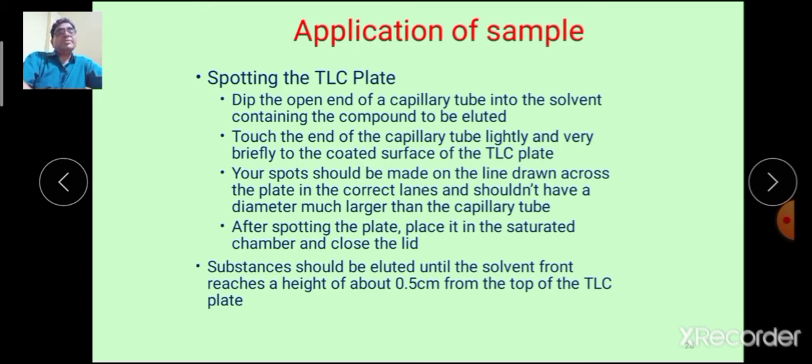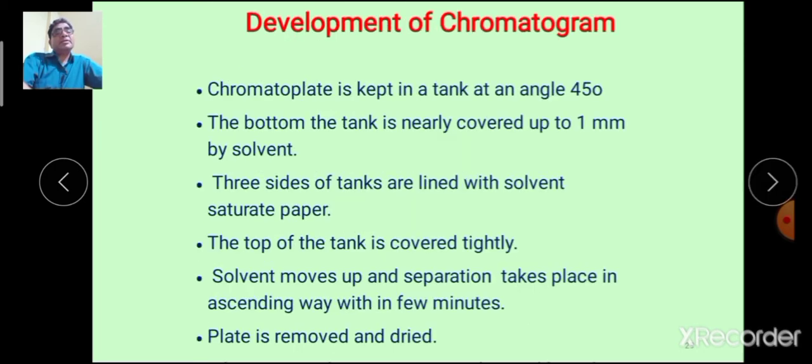Okay. After applying the sample, the plate is kept for development. Development of chromatogram: it is kept in the tank at an angle of 45 degrees. It is kept inclined.